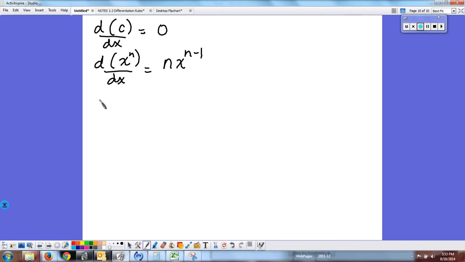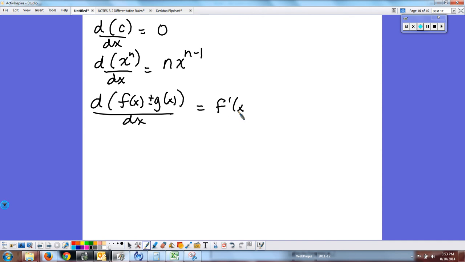If I wanted to take the derivative of a sum or difference of two functions, then I would simply take the derivative of f, and then add or subtract it to the derivative of g. The derivative of a sum or difference is the sum or difference of the derivatives.